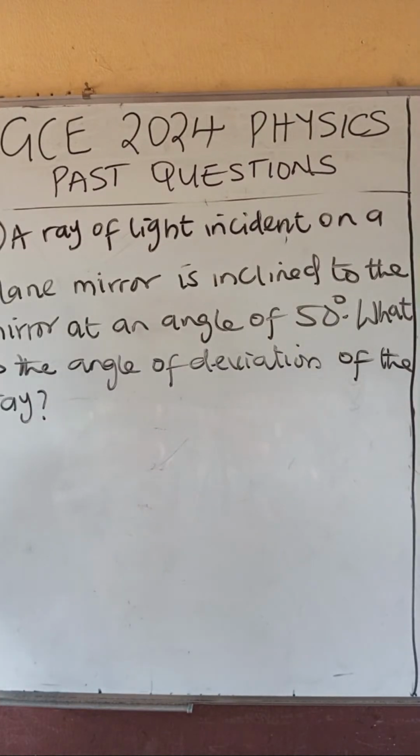A ray of light incident on a plane mirror is inclined to the mirror at an angle of 50 degrees. What is the angle of the deviation of the ray?